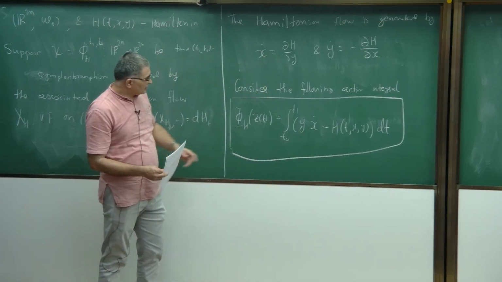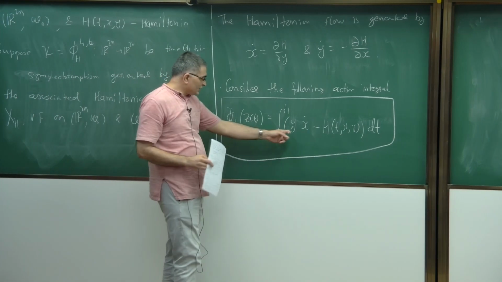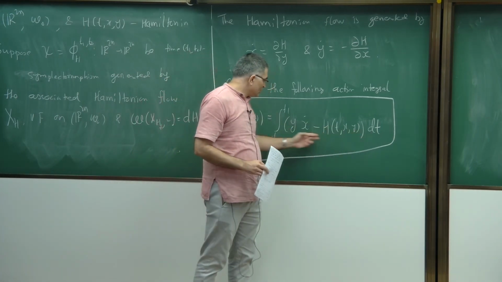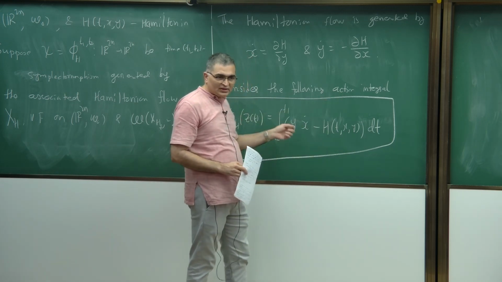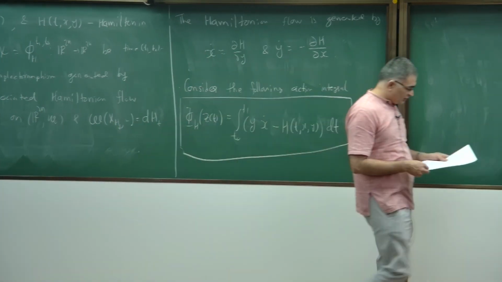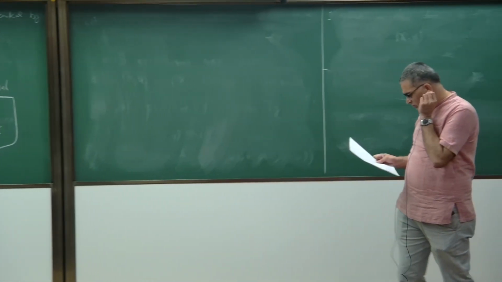You take this integral, which integrates this quantity along any path z(t), which is given by (x(t), y(t)), between the interval t naught and t 1.